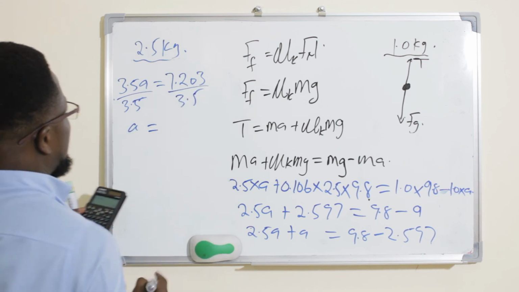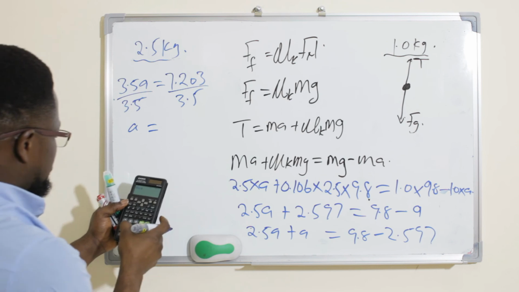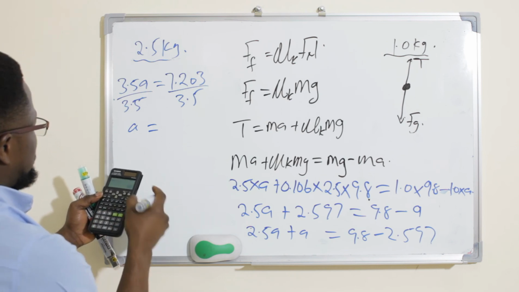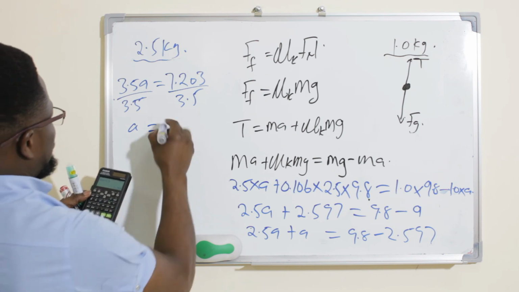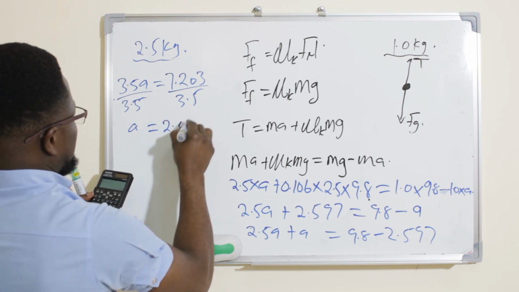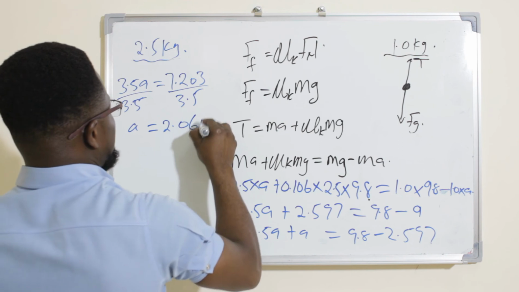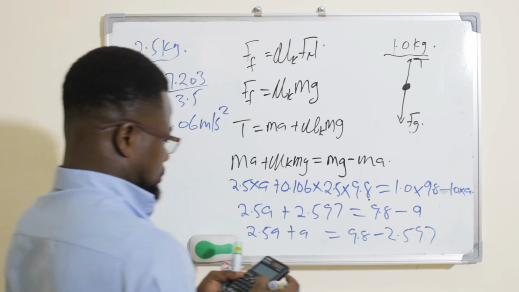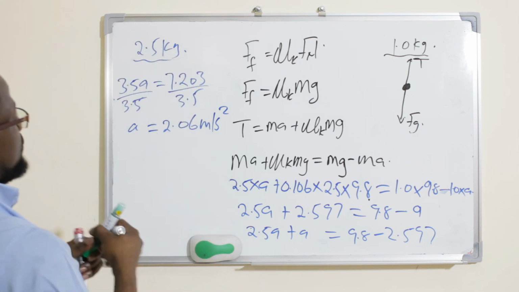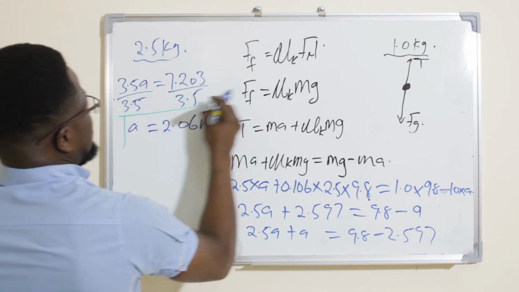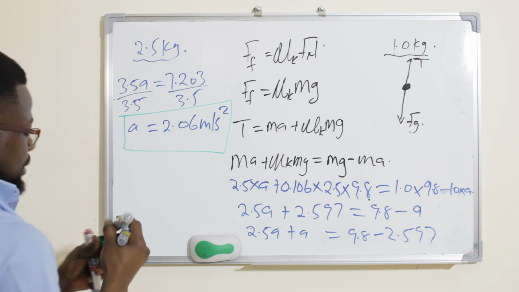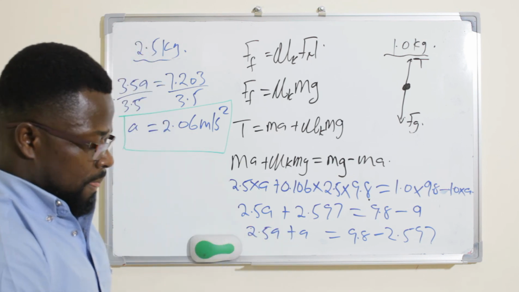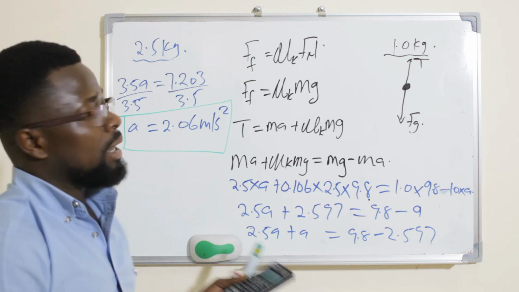So A is now going to be 2.06 meters per second squared. This is the acceleration that we are looking for. So I have found the acceleration.